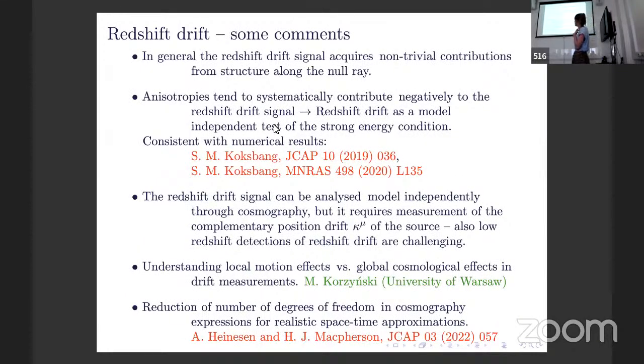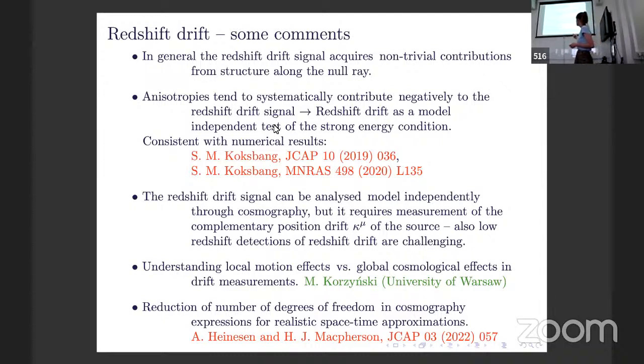Okay, so some comments on these results on redshift drift. The redshift drift signal is in general modified in various non-trivial ways because of breaking of homogeneity and isotropy. And we can analyze these modifications of the signal, and because of the form of these modifying terms, it turns out that redshift drift is a promising model-independent probe of violation of the strong energy condition.